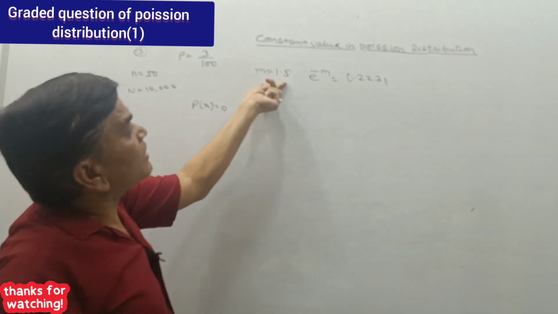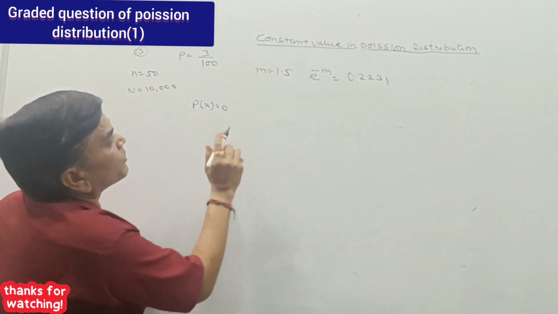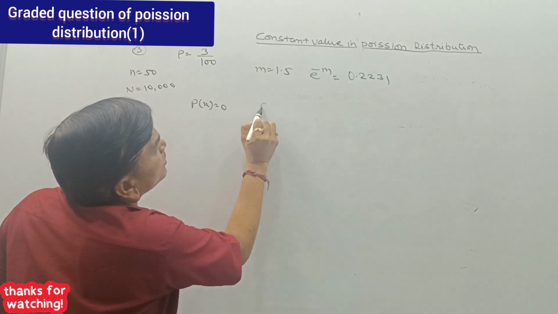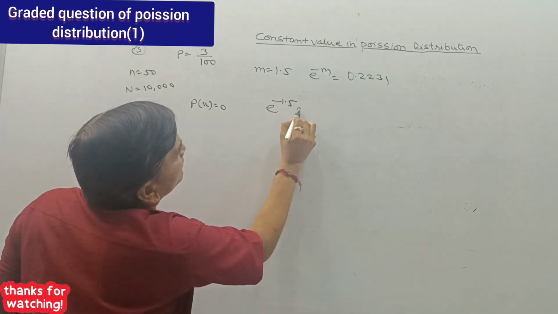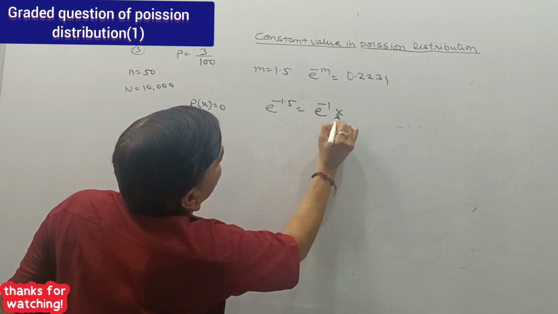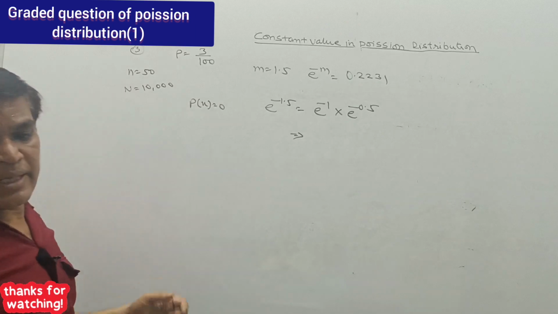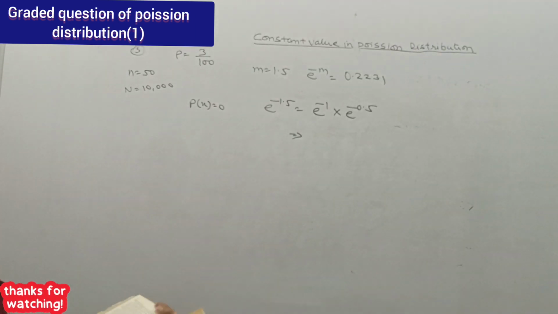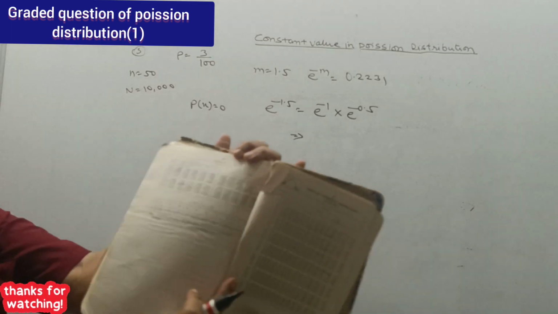Otherwise, it is also important to learn that e raised to power minus 1.5 is equal to e raised to power minus 1 multiplied by e raised to power minus 0.5. We have the table of e raised to power minus m.